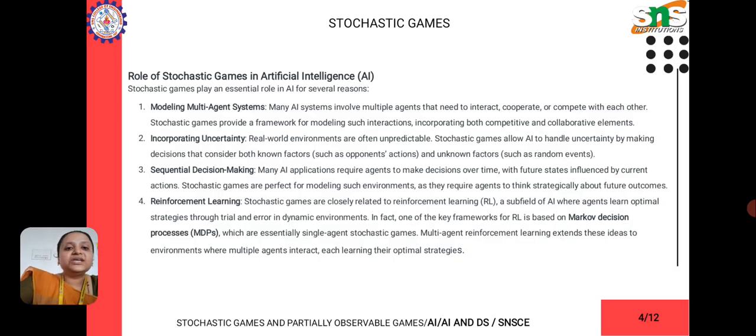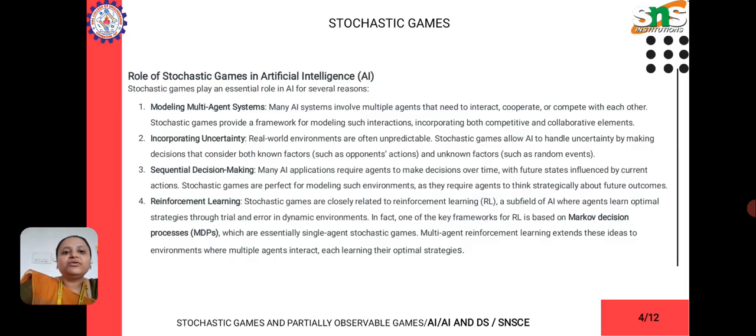Sequential decision making means the different decisions that you take then and there. Reinforcement learning is closely related to stochastic games and is a subfield of AI, where you can learn the optimal strategies involved.